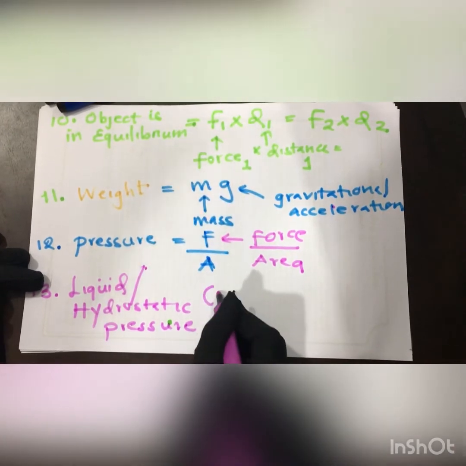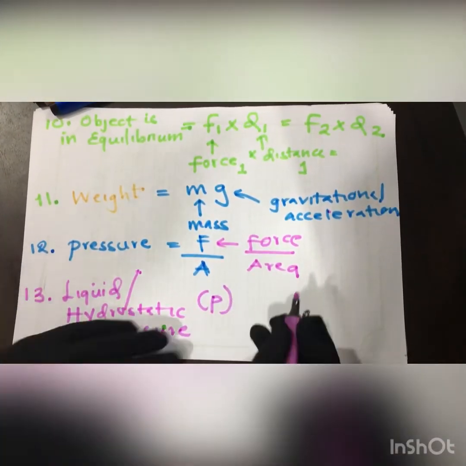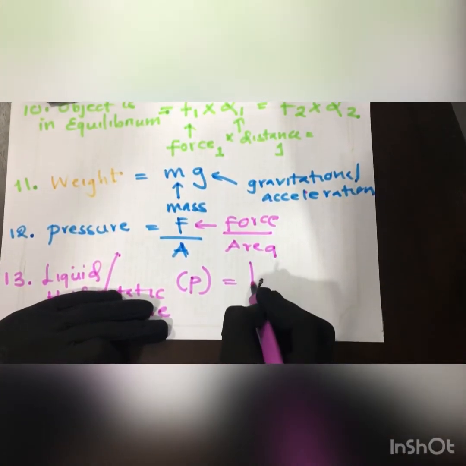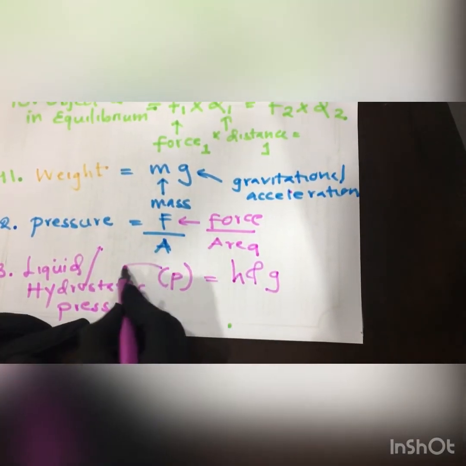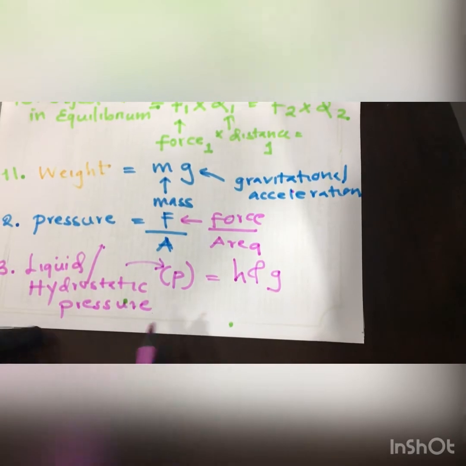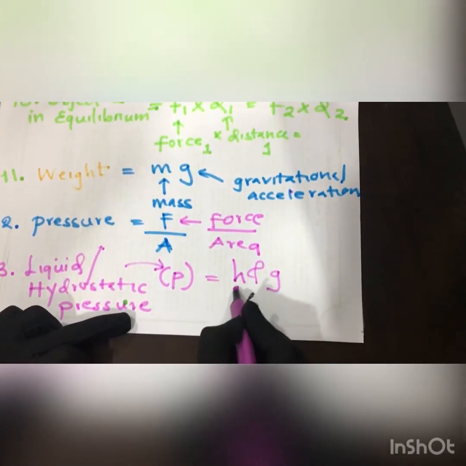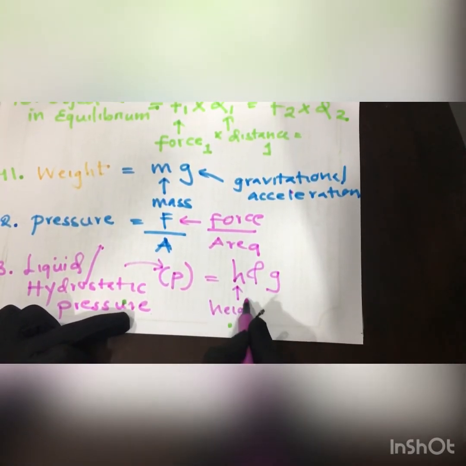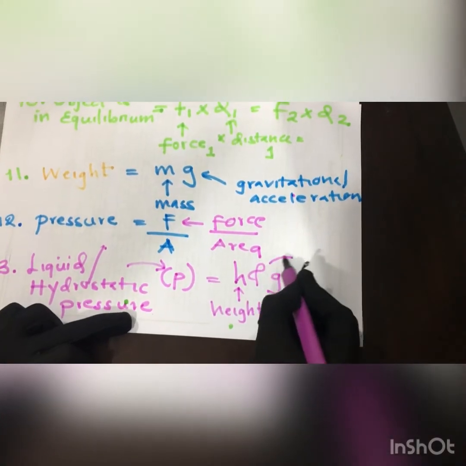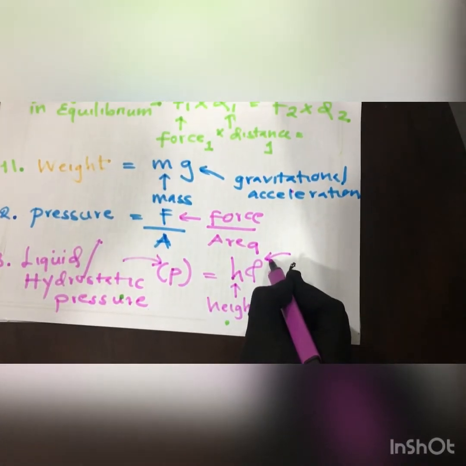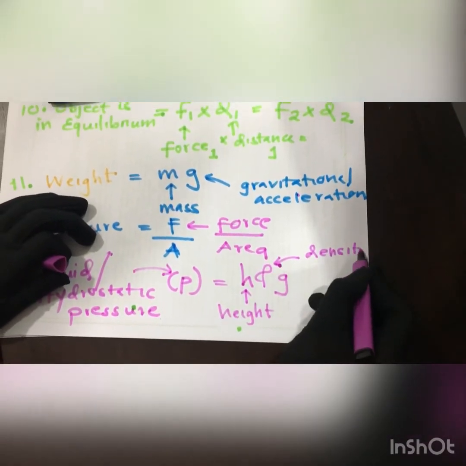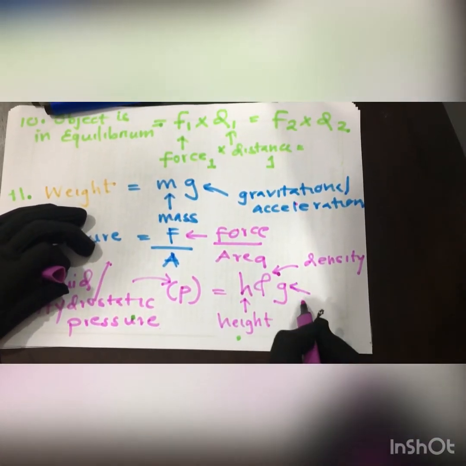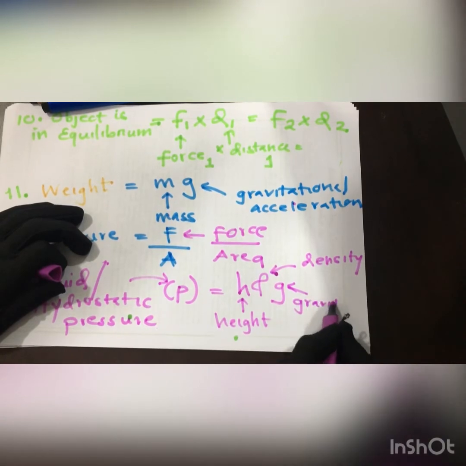We can say P equals H rho G. This gives the hydrostatic or liquid pressure, and H is the height, rho is the density, and G is the gravitational acceleration.